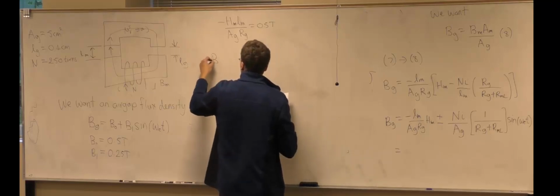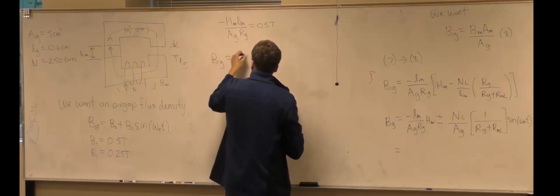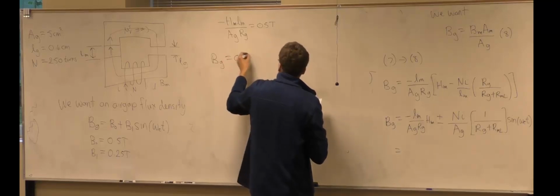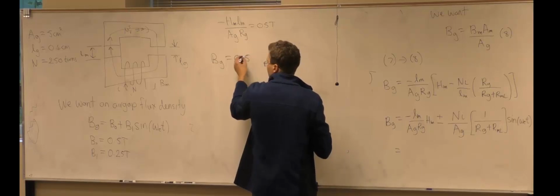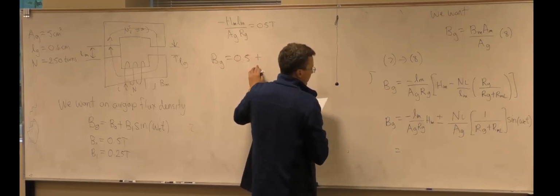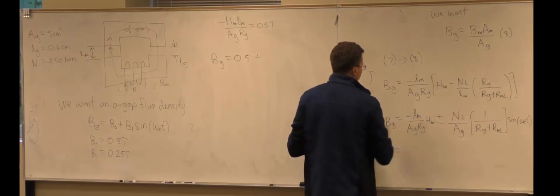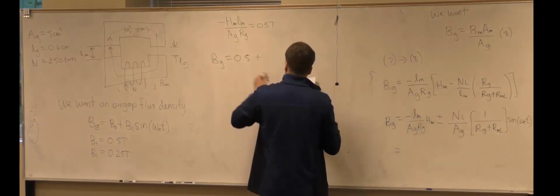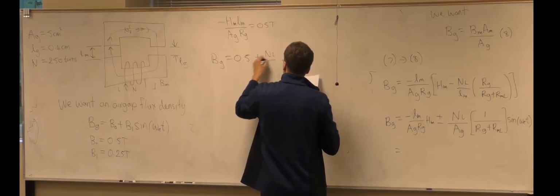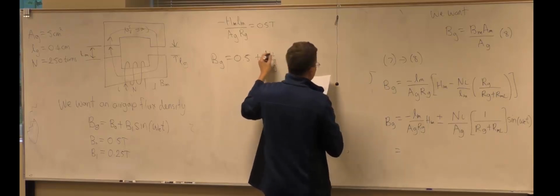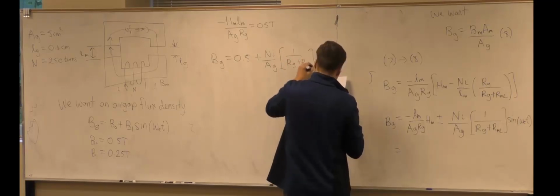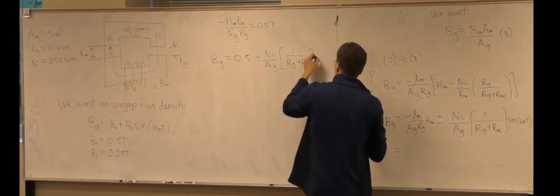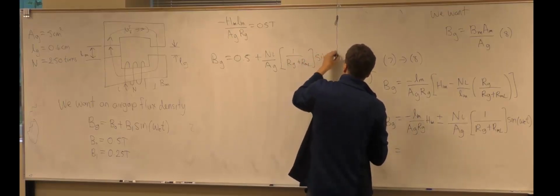So then we can write that we have the 0.5 Tesla for the DC part, and then we need the second part to be determined, and so we have the Ni Ag 1 over Rg plus Rml sine omega t, like that.